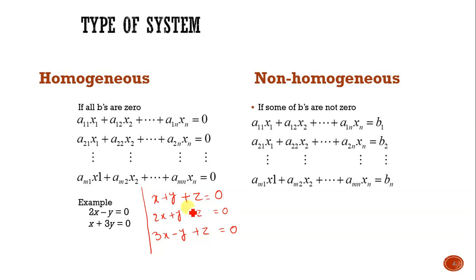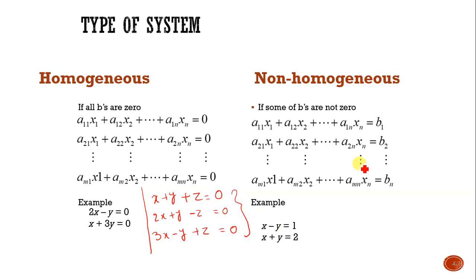So this is a system of linear equations in 3 variables, and this is a homogeneous system because all bi's are 0, b1, b2, b3 all are 0.